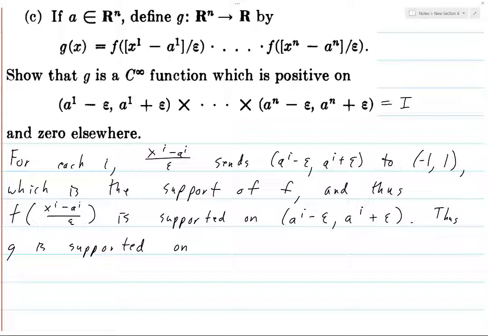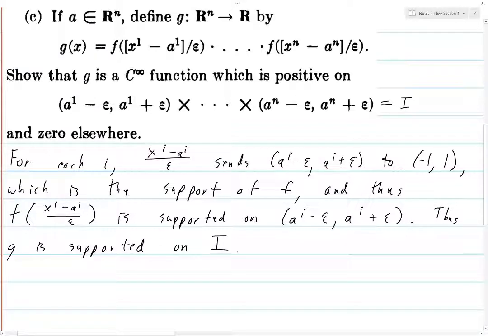Oh yeah, because you use the notation capital I if it's just a single interval, and so it makes sense to use a similar letter notation if you're referring to a direct product of intervals. So anyways, we'll take this direct product set, we'll call it I. It's an open box in Rn, and so thus g is supported on I.